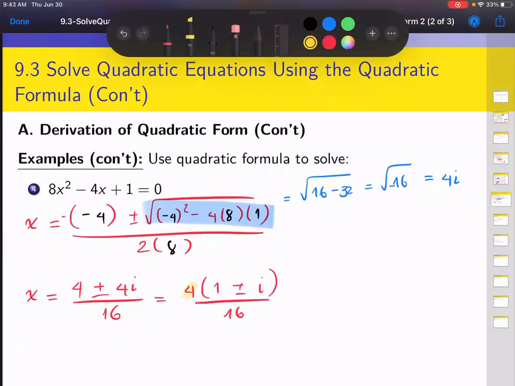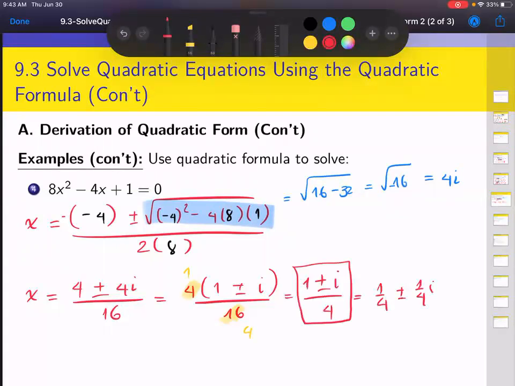And now you can simplify. 1 on the top and 4 on the bottom. So that's 1 plus or minus i over 4. If you want to break it apart to make it into a plus bi, you can do 1 over 4 plus or minus 1 over 4 times i. I'll take both. If you don't want to break it apart, it's fine. I'll take that too.